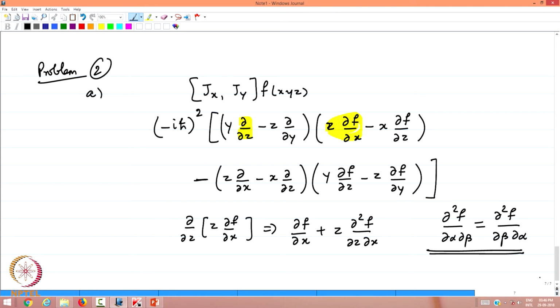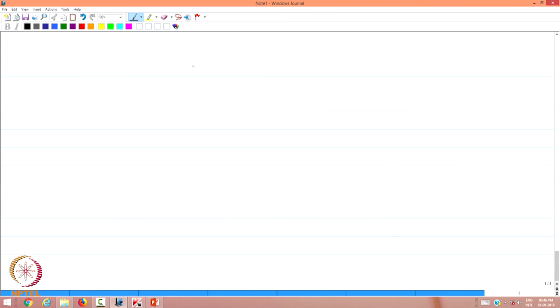This is how one obtains JxJy minus JyJx equals iħJz. Now, we are supposed to verify this using the polar form. Therefore, I do not think there should be any problem, but let me write one step and leave the rest of it for you to do the same way.